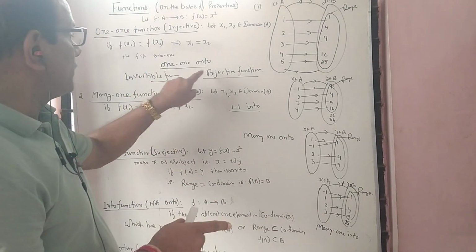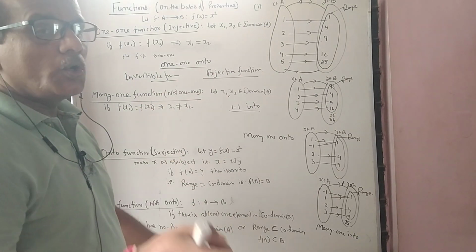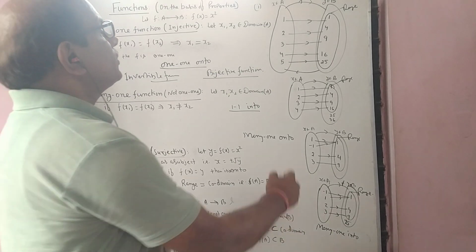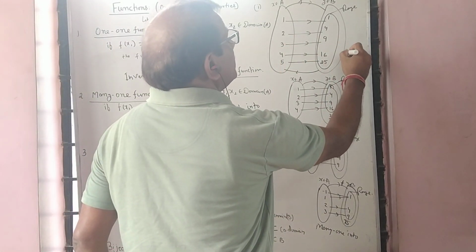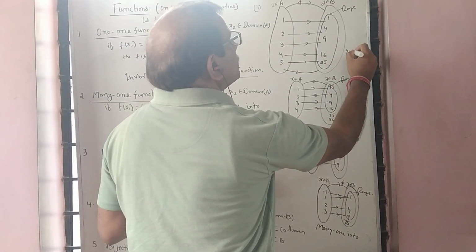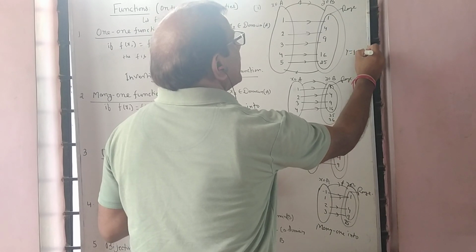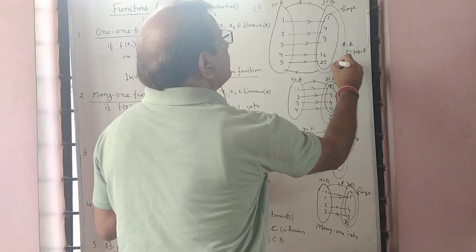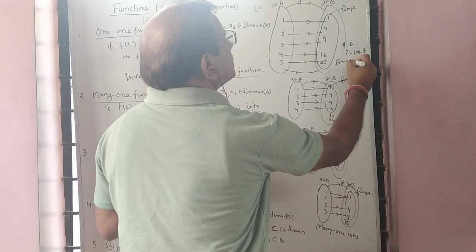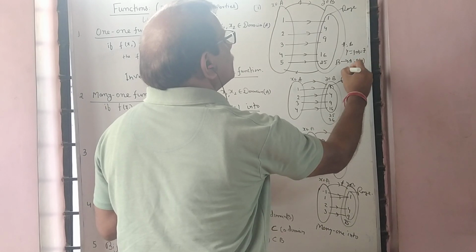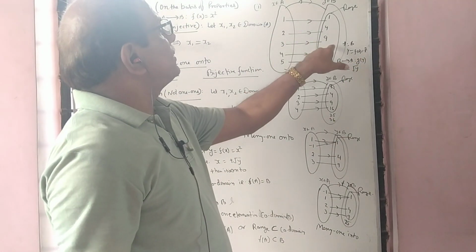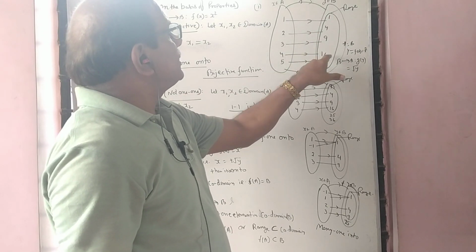The functions which are one-one onto are invertible, or you can say the functions which are bijective are also invertible. But the rule has changed here. From A to B, f(x) is equal to x square, and from B to A the function is, suppose, g(y) equal to root y. इधर से इधर करोगे तो square of these numbers are these and square root of these numbers are these.